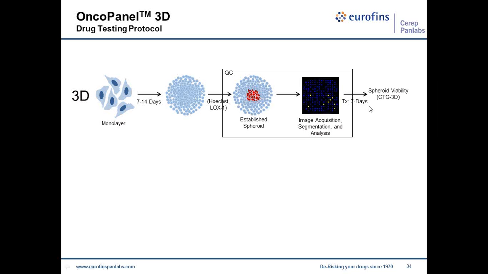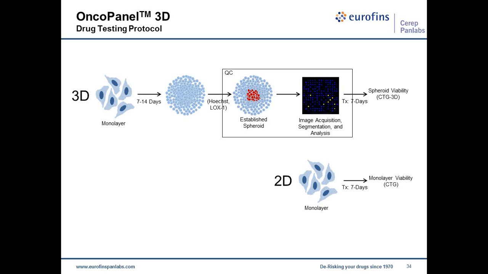The drug testing is for 7 days, a 7-day incubation, and then we process all the spheroids in the well using CellTiter-Glo 3D, which is a new reagent from Promega, specifically designed to lyse 3-dimensional spheroids. And at the same time, in parallel, under the same incubation period, we perform an assay in 2D.